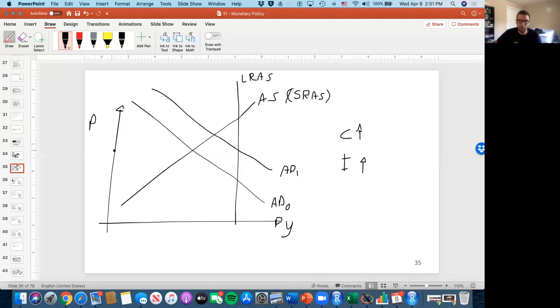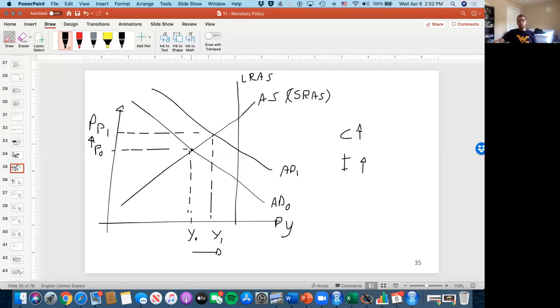So looking at the equilibrium, on expansionary monetary policy, the overall output of the economy increases, right? However, price level also increases.